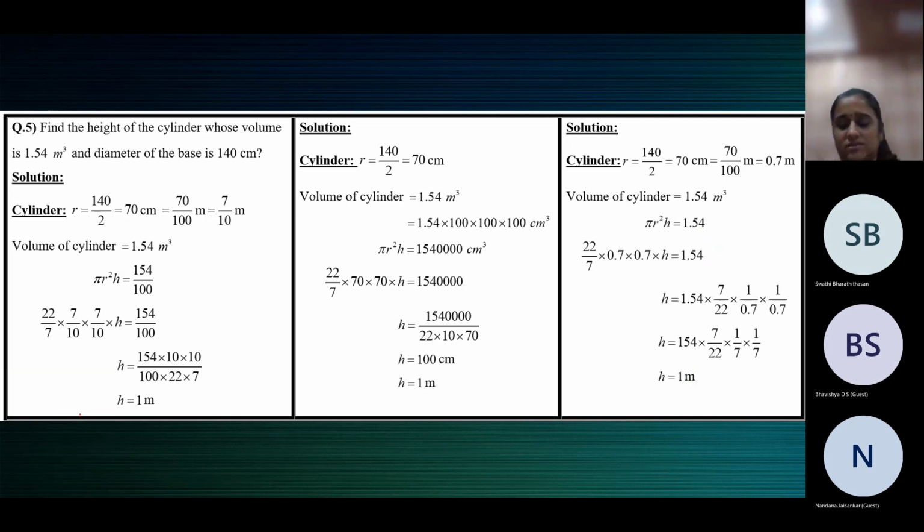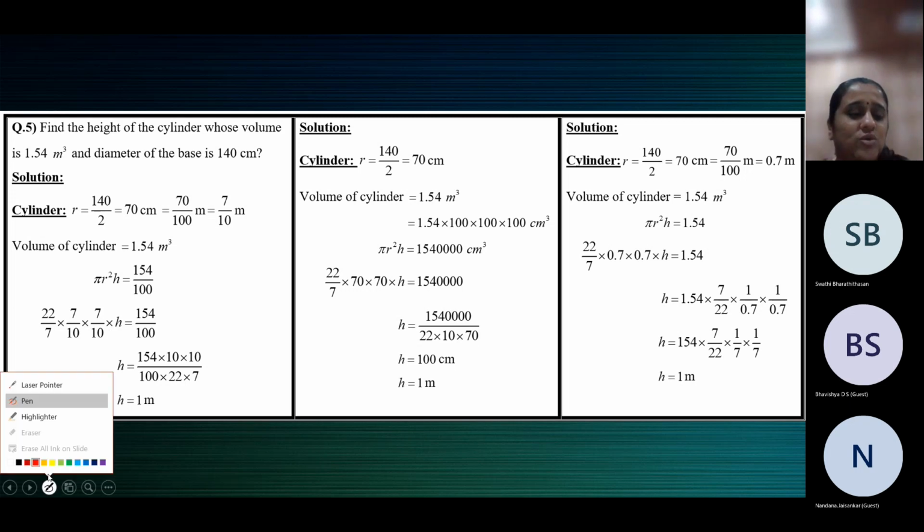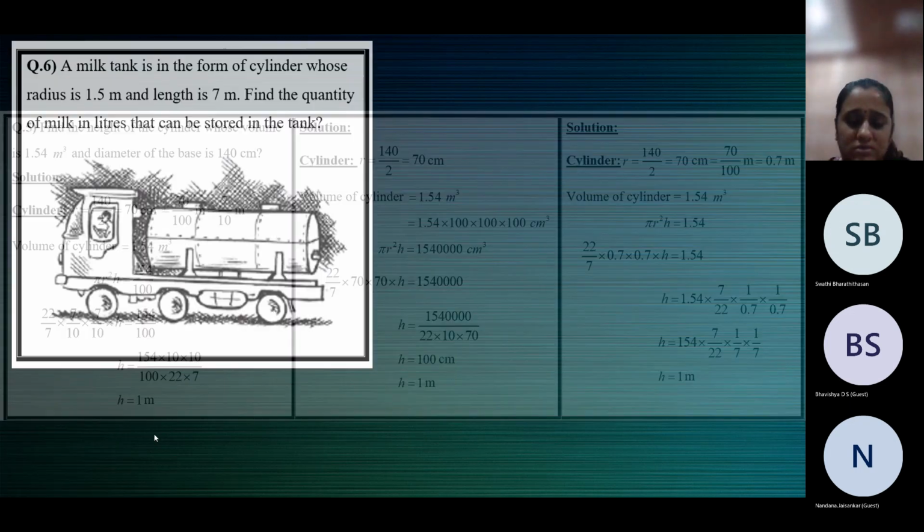Very good. So children, I thought some of you might ask me how to proceed if we don't convert 1.54 to a fraction, using the decimal itself. Just for that, I've worked it in different ways, just to show you how the calculation goes.